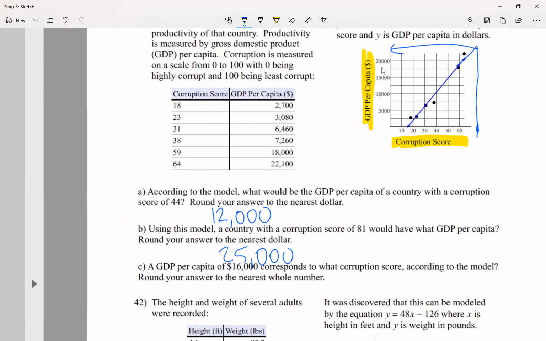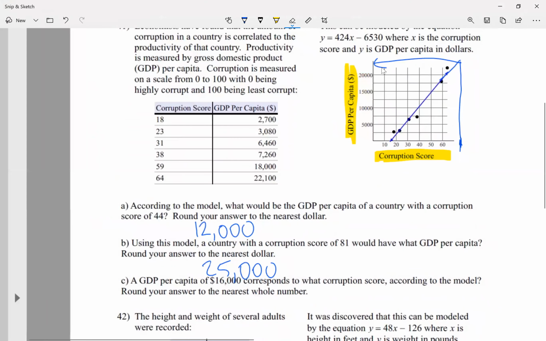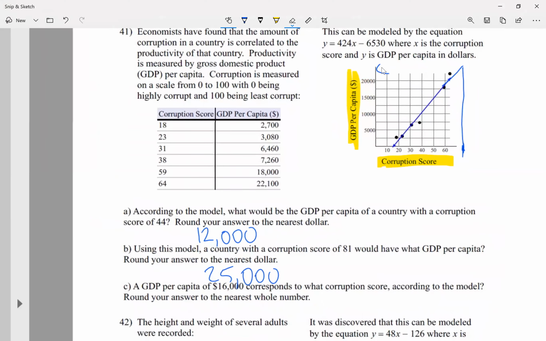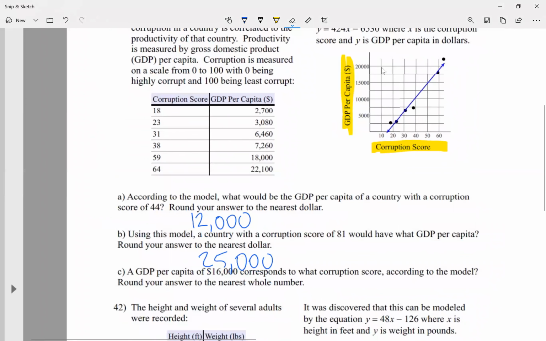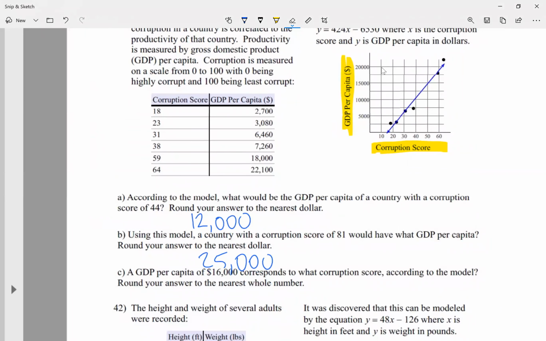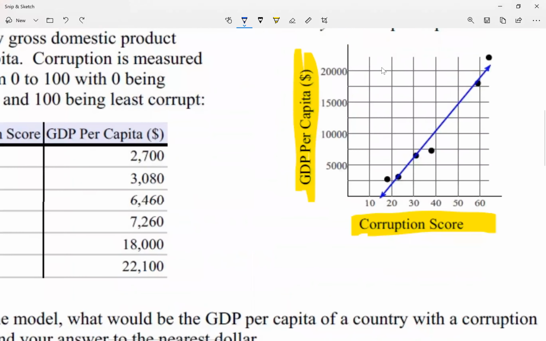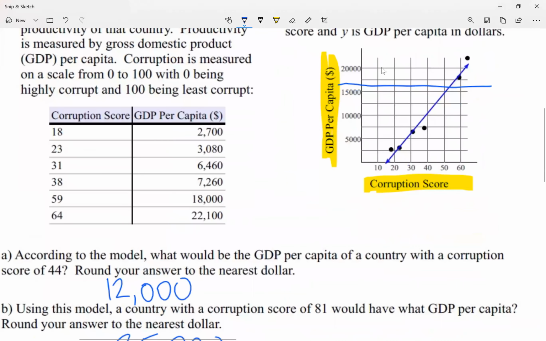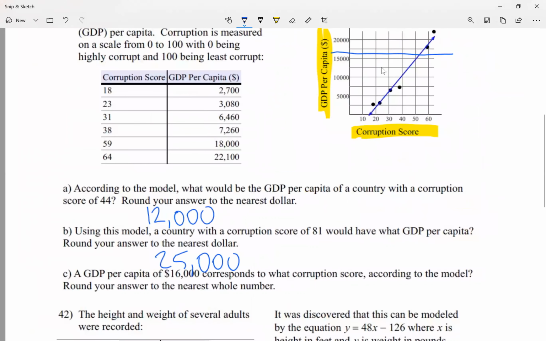And then my last question. Let me erase my work from the graph. My last question says a GDP per capita of 16,000. All right, so 16,000. Let me do a better line than that. 16,000 is about here, about there.